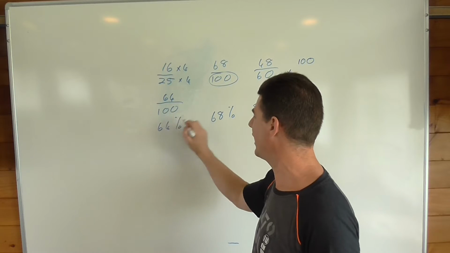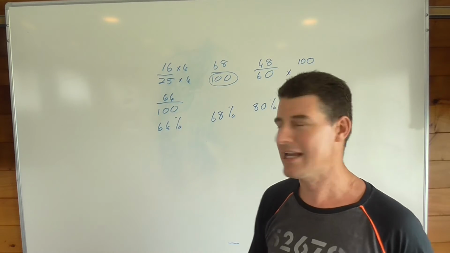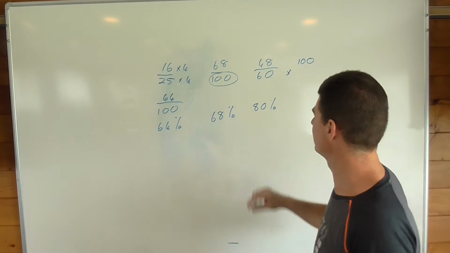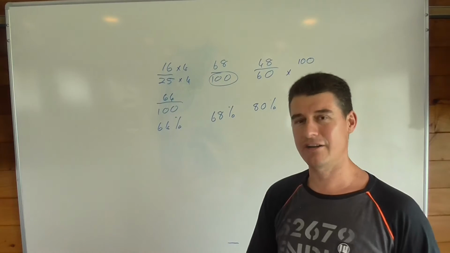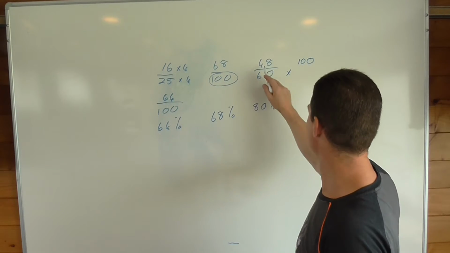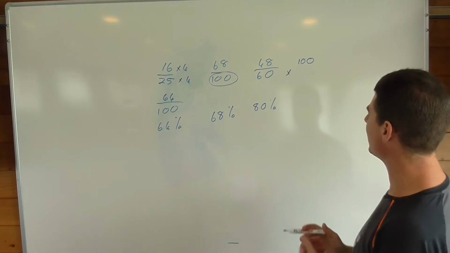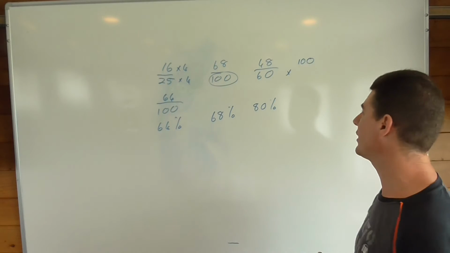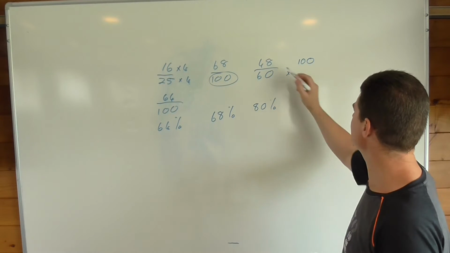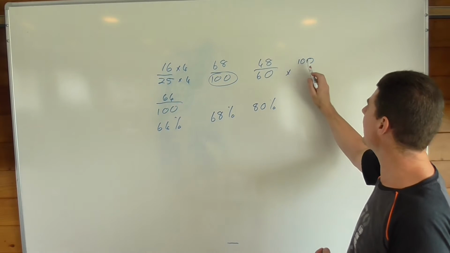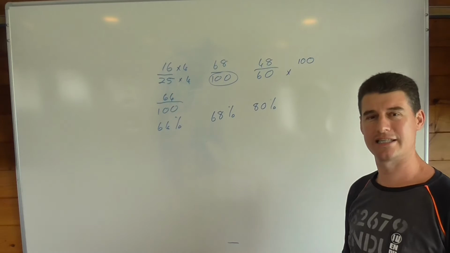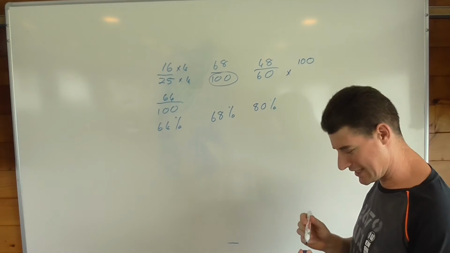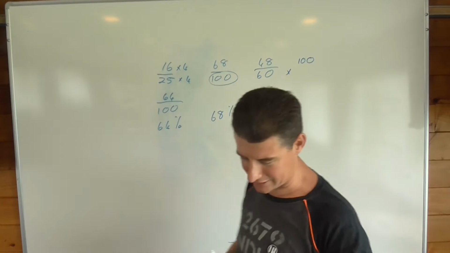Once it's out of 100, you automatically have the percentage. This one is already out of 100, so it's 68%. And if you've got something like 48 out of 60, the way to calculate that is simply 48 times 100 divided by 60. As easy as that.